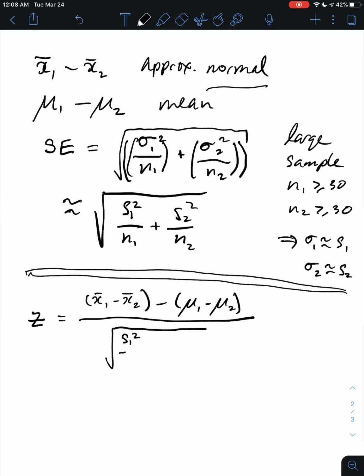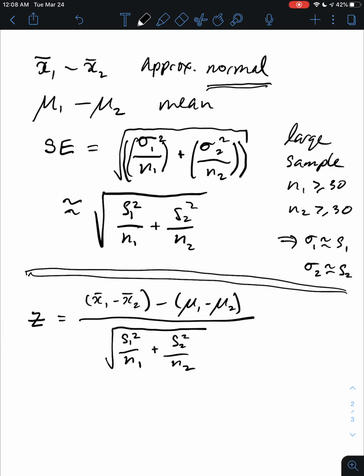And we're just going to slip that approximation in. And so this is the z-score for this approximately normally distributed random variable x1 bar minus x2 bar.